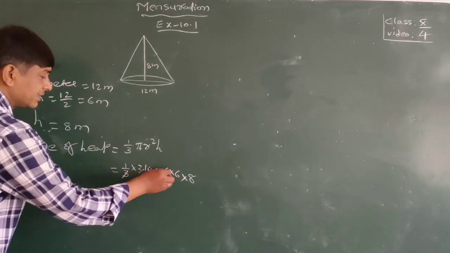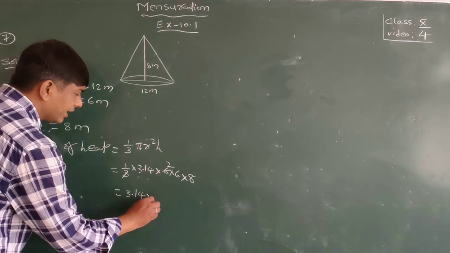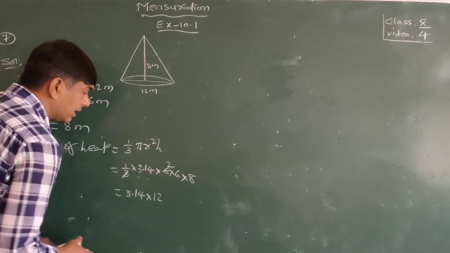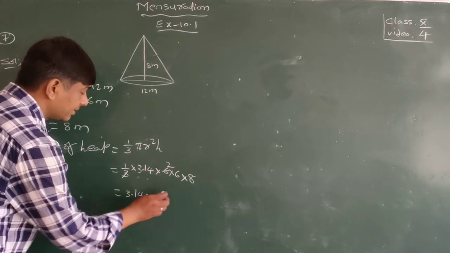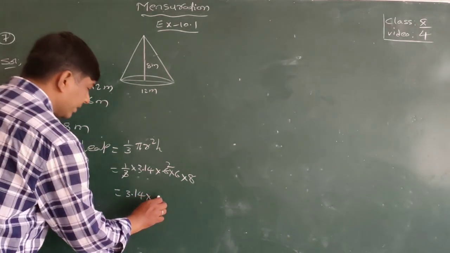So 3 ones, 3 twos. Now 3.14 into 6 twos are 12, 12 8s are 96.